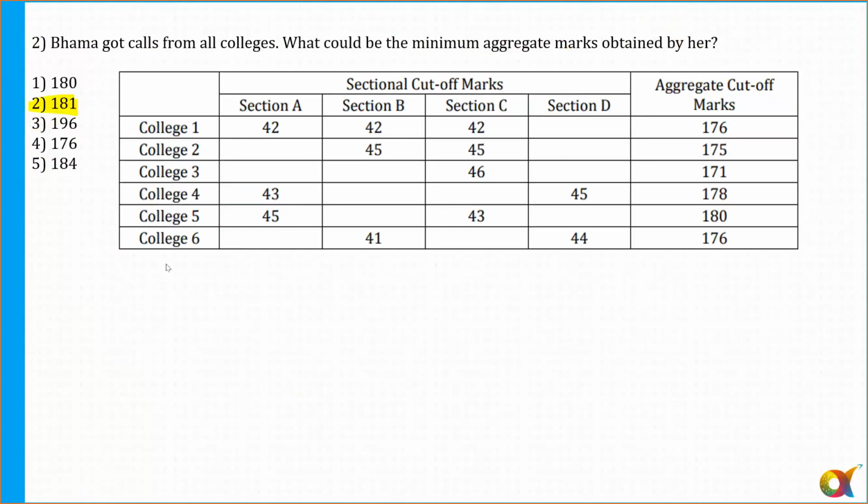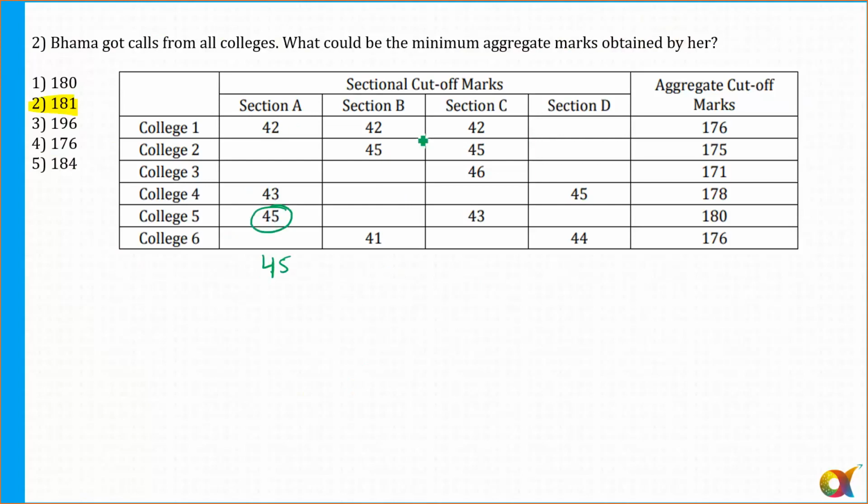So I need to minimize the overall marks, but at the same time, Bhama is getting a call from all the colleges. So for section A, Bhama should score a minimum of 45. Yes or no? Then if Bhama scores a minimum of 45, only then will Bhama be able to clear the cutoff of college 5. So with a minimum of 45 in section A, he will be able to clear the cutoff of all the colleges. In section B, what can be the minimum score for Bhama to clear the sectional cutoff of B for all the colleges?